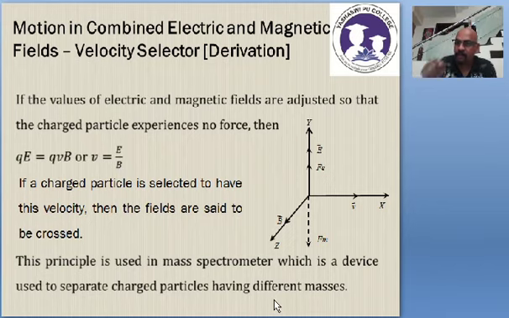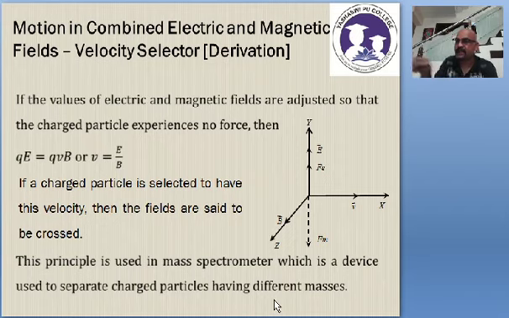Now, in what direction is the magnetic field applied? The magnetic field is applied along the positive z-axis, and the charge is moving along the positive x-axis. There are two forces here. One force is due to the electric field, the other force is due to the magnetic field. The magnetic force is given by QVB sin theta.